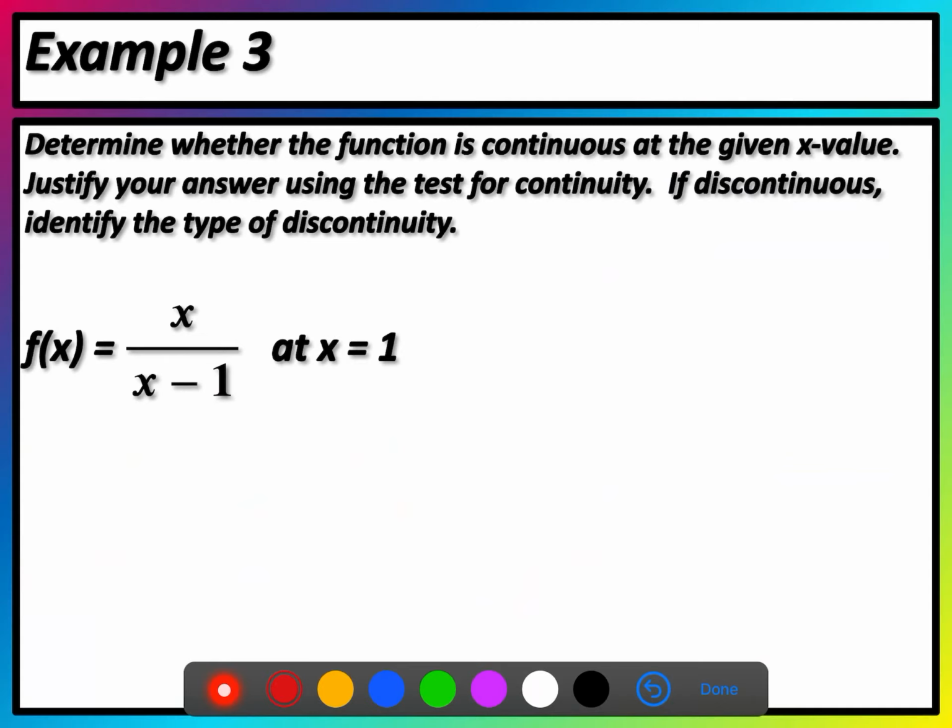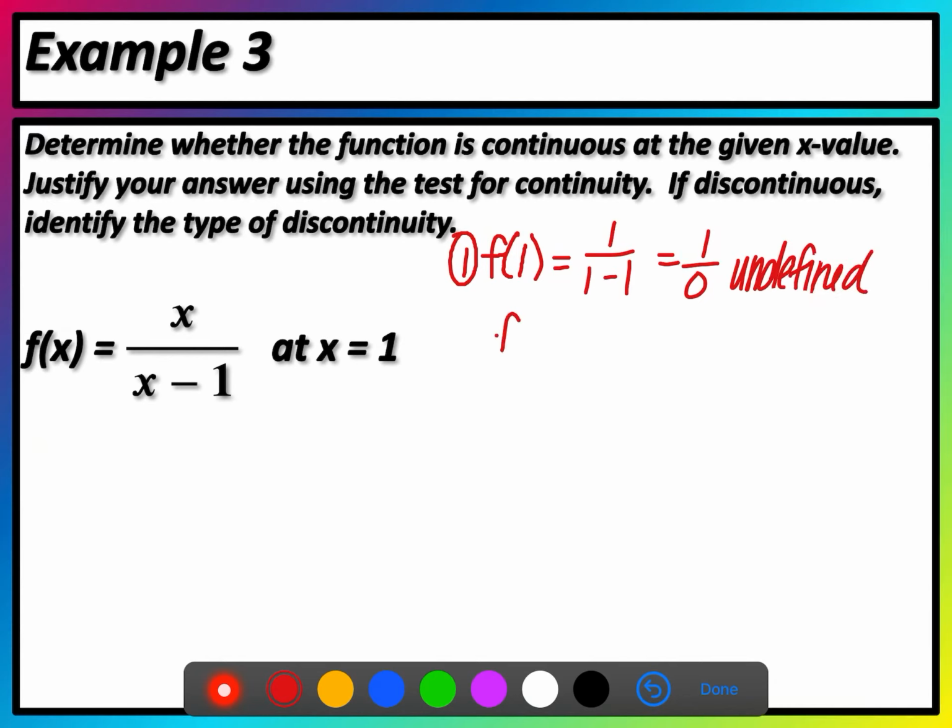All right, let's see what situation this one brings us. So step number 1 is always to evaluate. So f of 1 equals... so f of x is not defined at 1 because I get 1 over 0 when I try and evaluate.